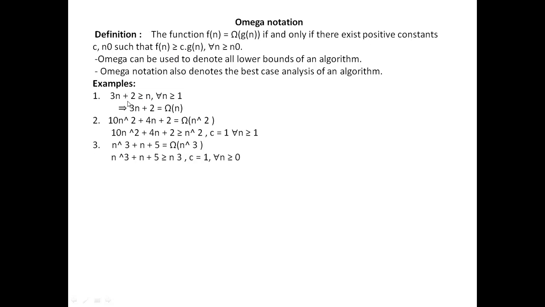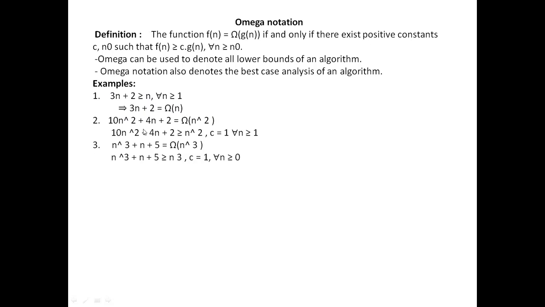So for every value n greater than or equal to 1, this function is bigger than this function. So this g of n is a lower bound for this 3n plus 2. So you can write 3n plus 2 is omega of n.